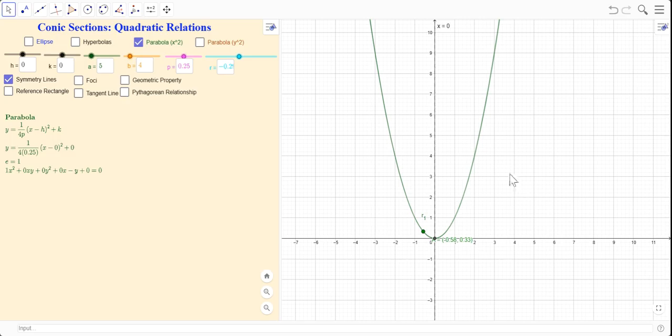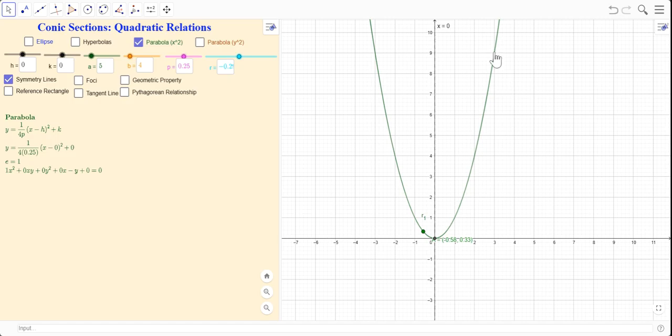And this is actually one of the first examples of functions that you probably looked at. You probably looked at linear functions first, and probably the very next one you may have looked at, or early on at least, would have been y equals x squared, which is what you have graphed here. 0 squared is 0, 1 or negative 1 squared is 1, 2 or negative 2 squared is 4, so you've got 2, 4 and negative 2, 4. 3 or negative 3 squared gives you the same thing.